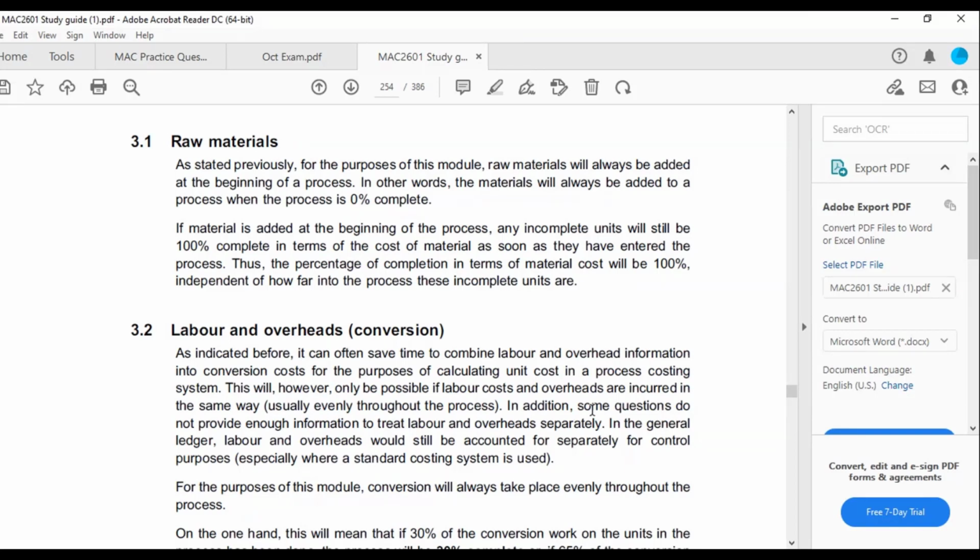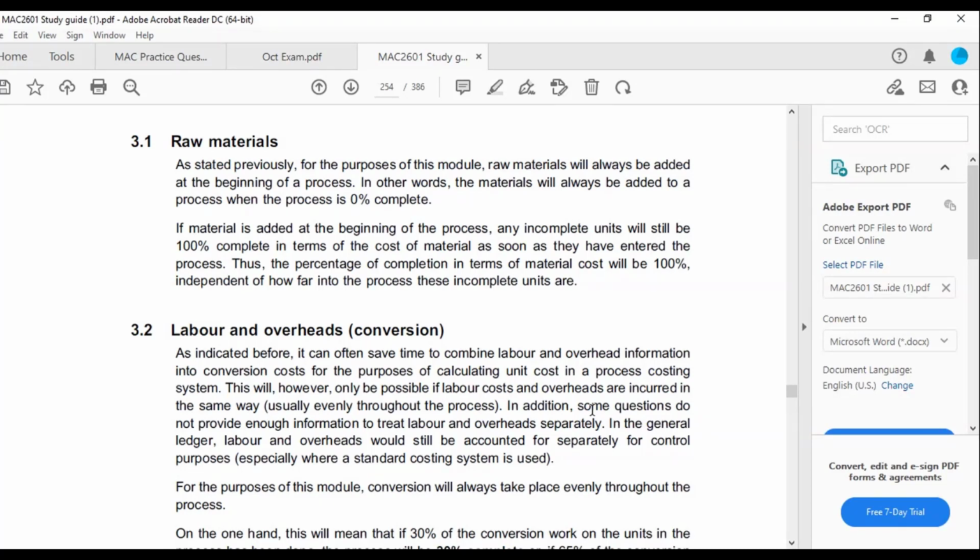Right? Because it's the input. We haven't applied anything on those raw materials. So if materials are added at the beginning of the process, any incomplete units will still be 100% complete in terms of the cost of material as soon as they've entered the process. Thus, the percentage of completion when it comes to material cost will be 100%, independent of how far the process of incomplete units is.